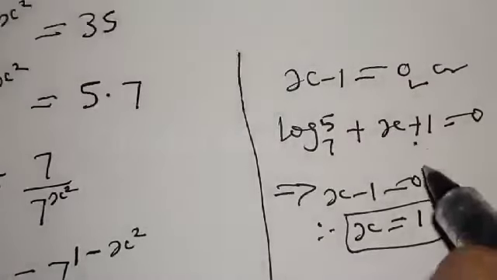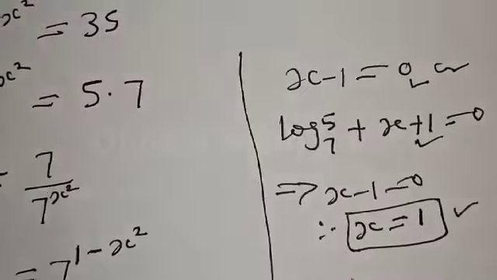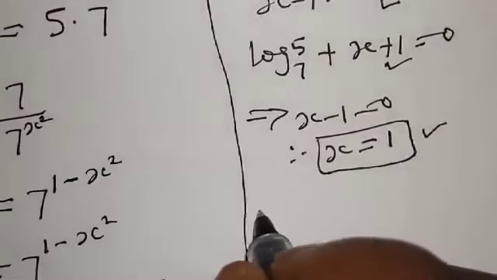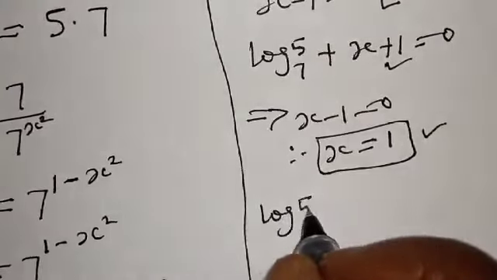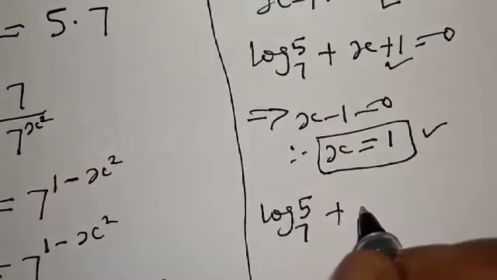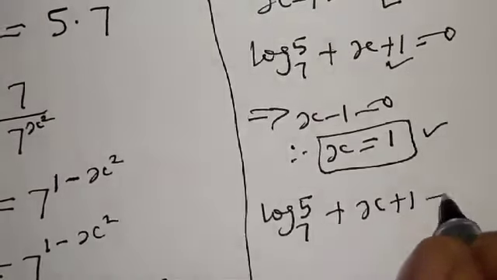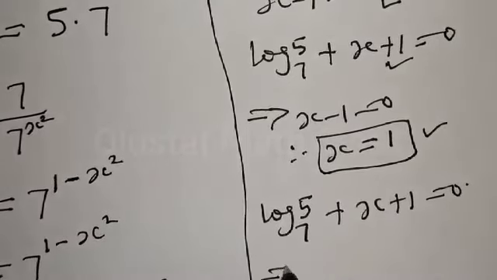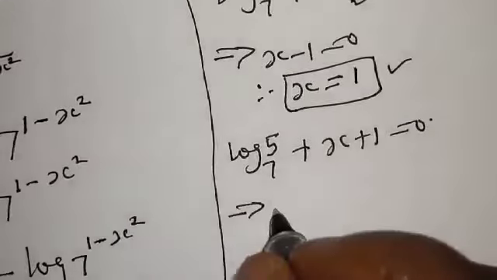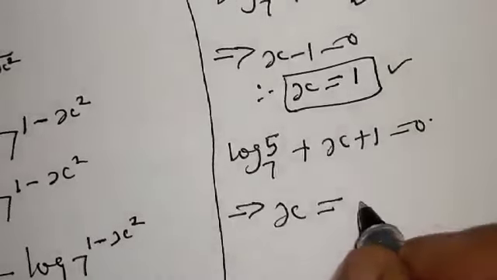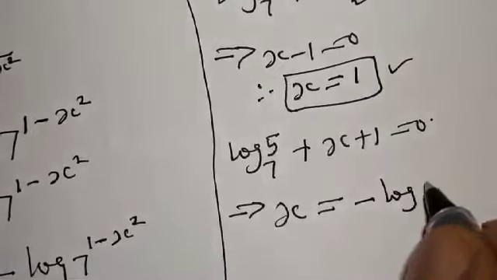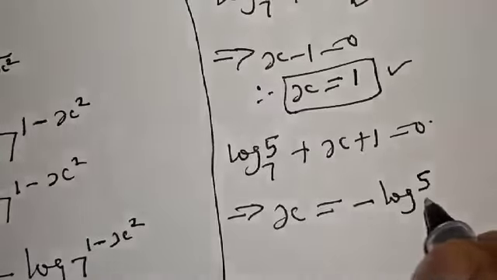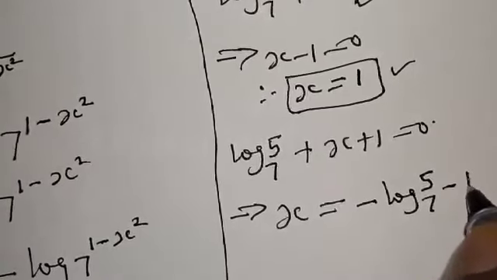Then let's take a good look at this one. We have log 5 base 7 plus x plus 1 equal to 0. Then let's make x the subject of the formula. This implies that we have x to be equal to minus log 5 base 7 minus 1.